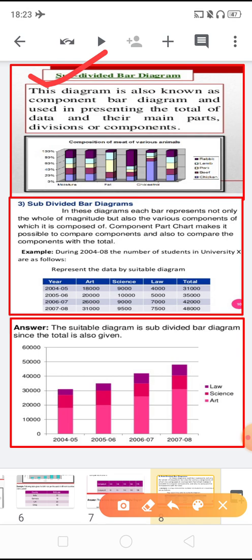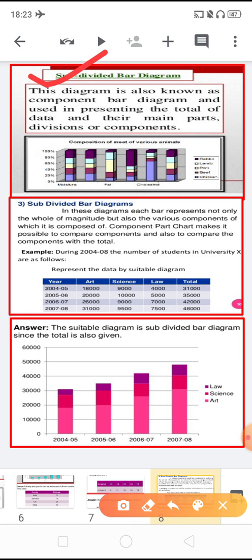So in subdivided bar diagrams, children, both the part values as well as the total values are shown. It is also called the component bar diagram, and these diagrams simultaneously show the total values as well as the part values of the set of data. The different parts, or components, of the bars are shaded with colors.